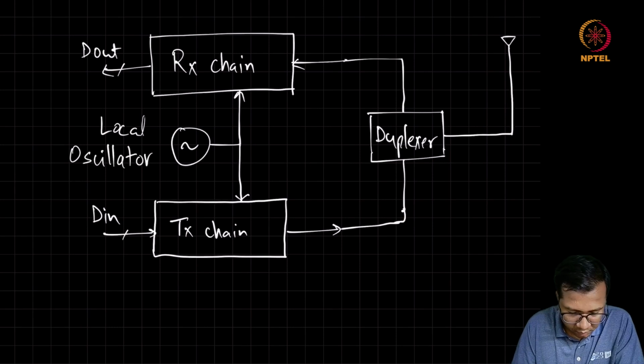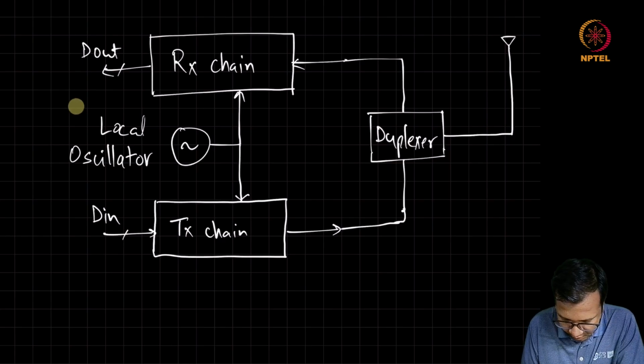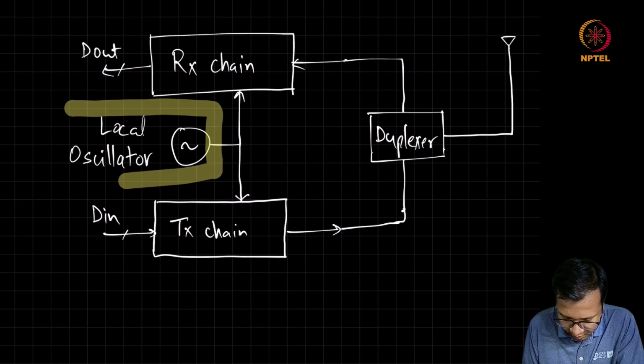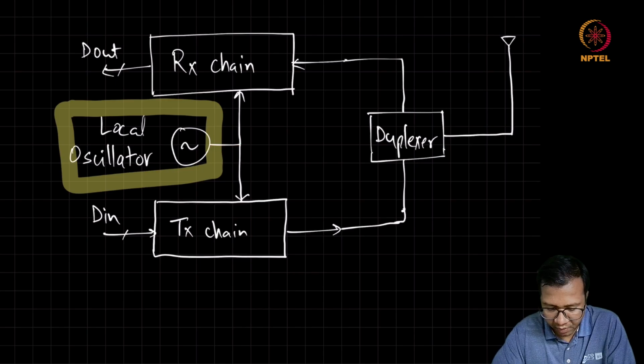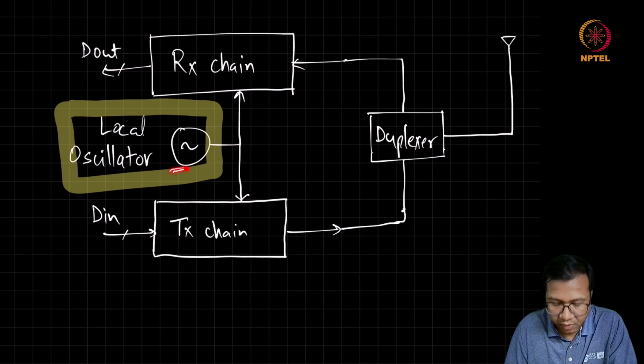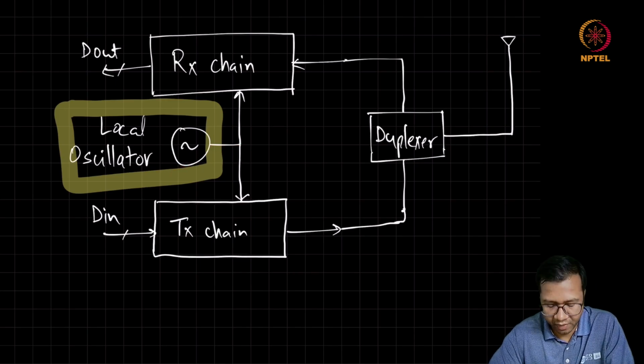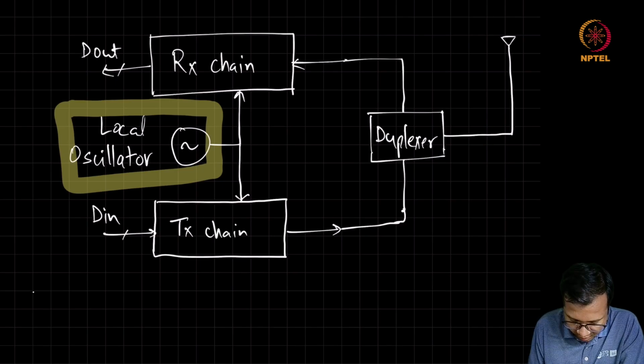Now we are going to focus on this local oscillator. We will try to see how we can generate the periodic signal, what kind of circuitry is involved, and also we will try to understand what the specifications are which decide the performance of a good local oscillator.